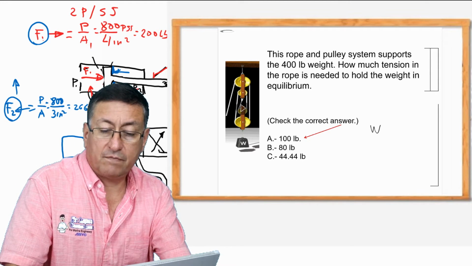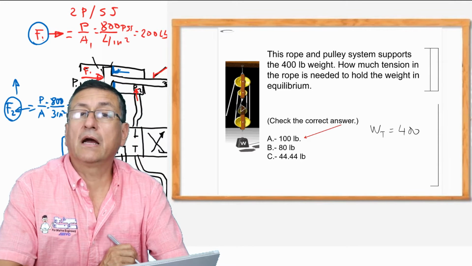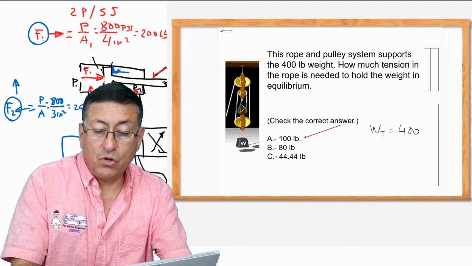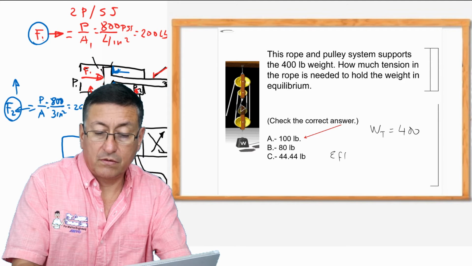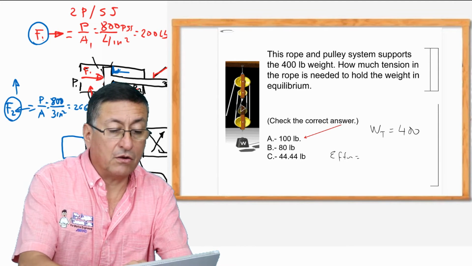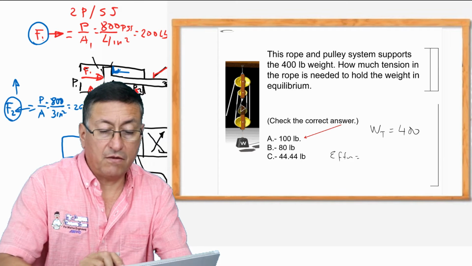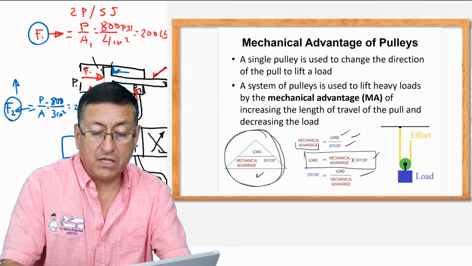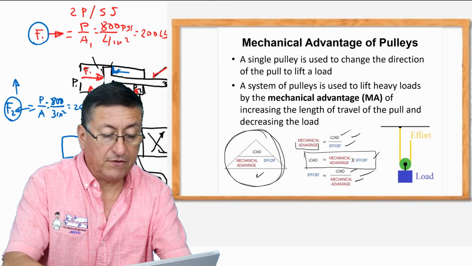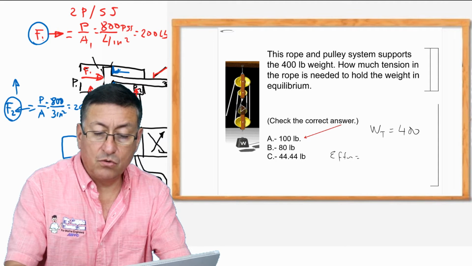The total weight is 400. I want to know the effort. According to the formula, the effort is the load divided by the mechanical advantage.